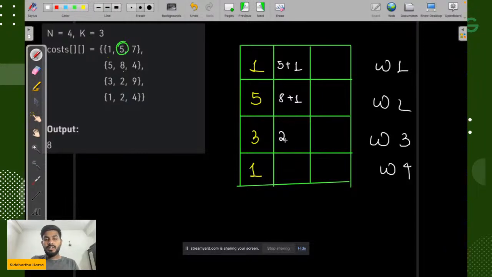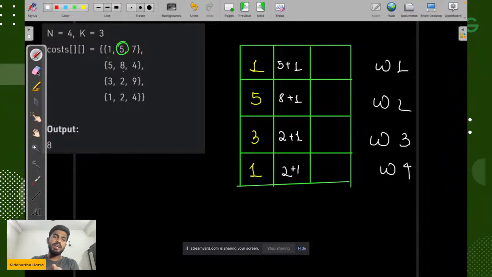Then 2. So first I would just color it with 2. And if I am coloring with the third color, then the minimum of the rest of the colors is 1. So this is just 1. And if I'm coloring the fourth one with the fourth color, that is 2, and the minimum of the first 3 is just 1.